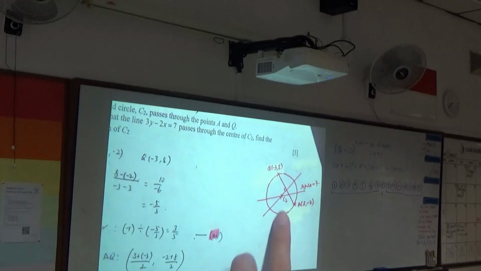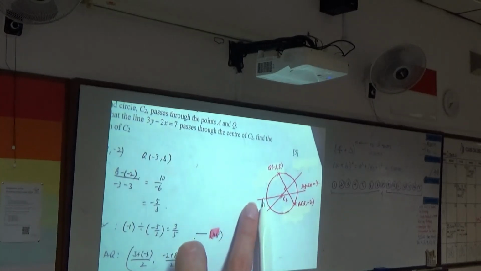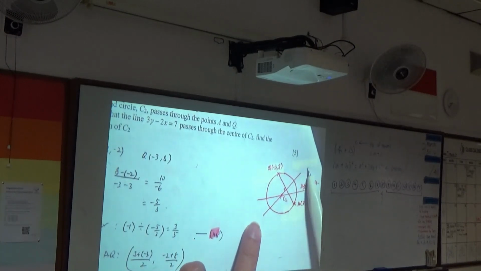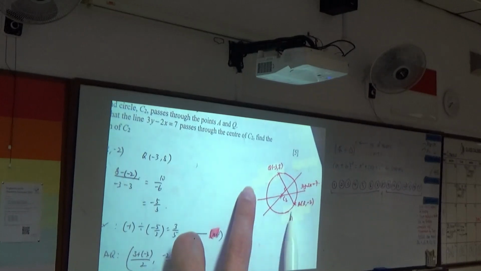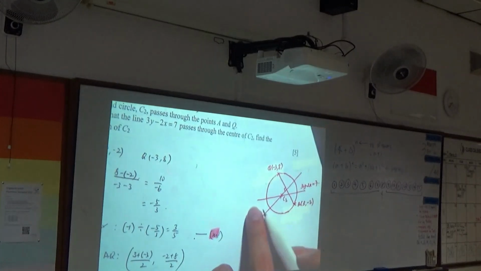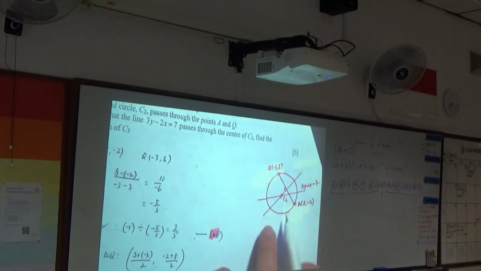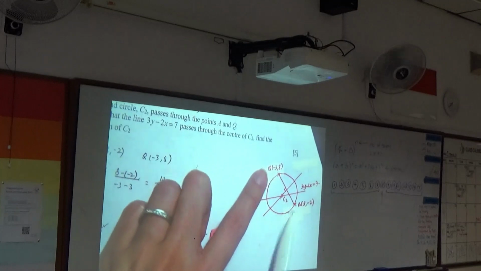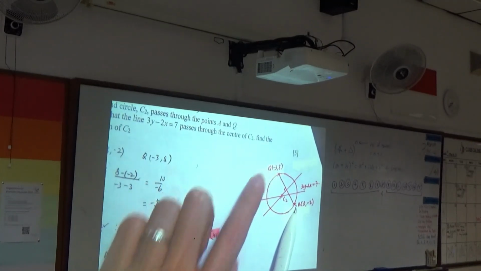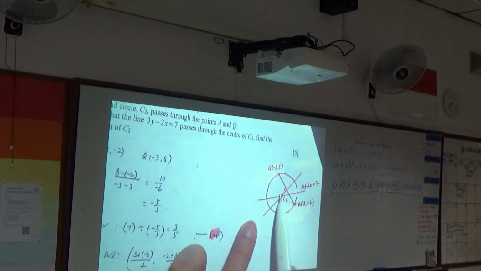Okay, then there is a line that passes through the center. This line need not be the perpendicular bisector because you can have many lines that pass through the center. There are infinitely many lines in fact. Now, what we need to realize is that AQ forms a chord, and then you have your perpendicular bisector that will always pass through the center.